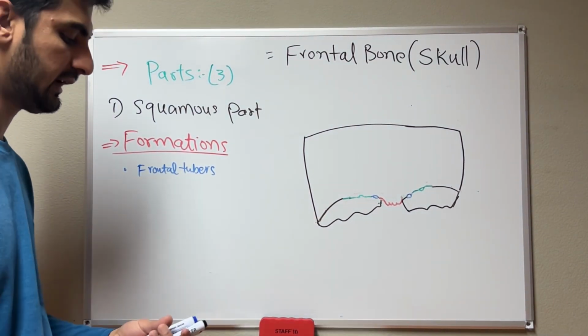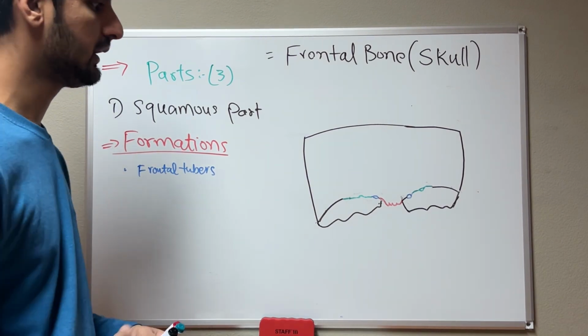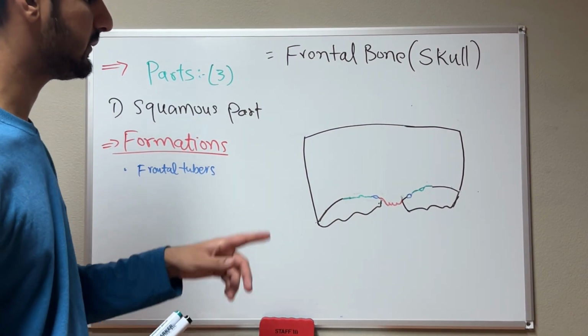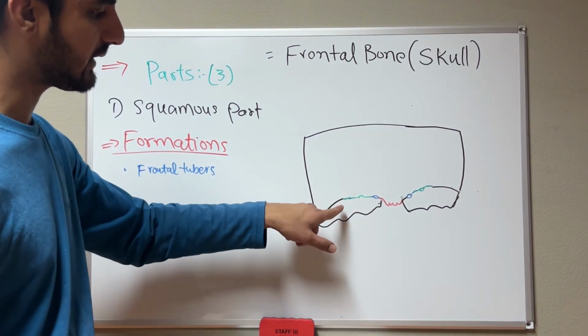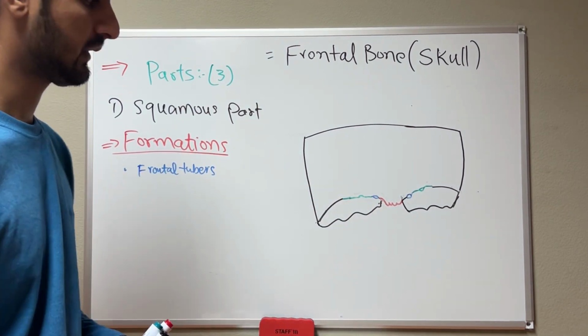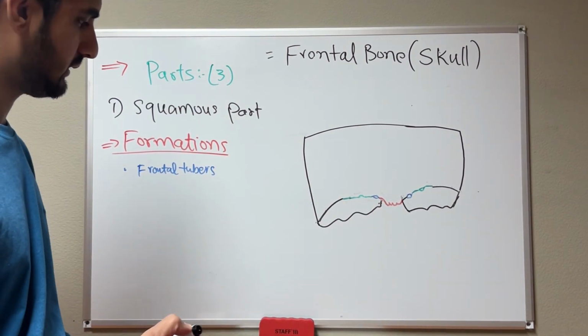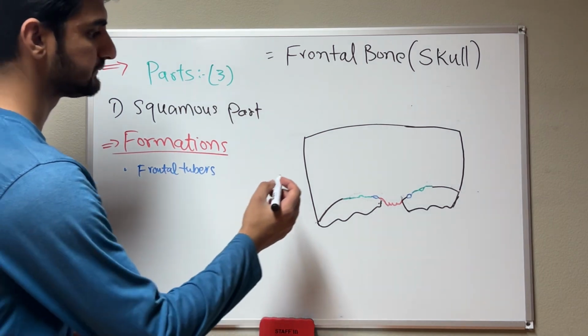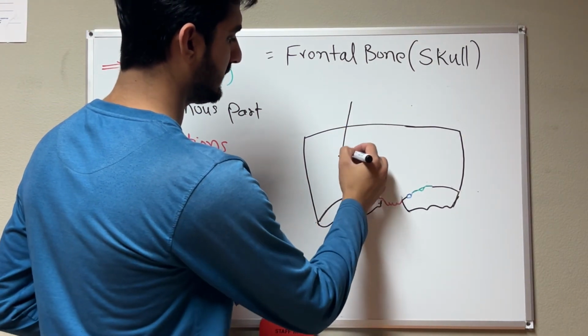This is the frontal bone, and the frontal bone consists of three parts. In Latin you can say pars squamosa, pars orbitalis and pars nasalis. In English, this one is the squamous part.